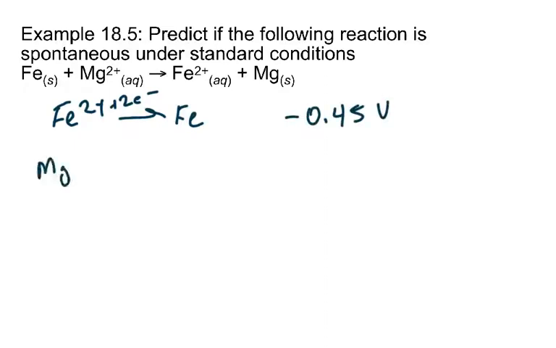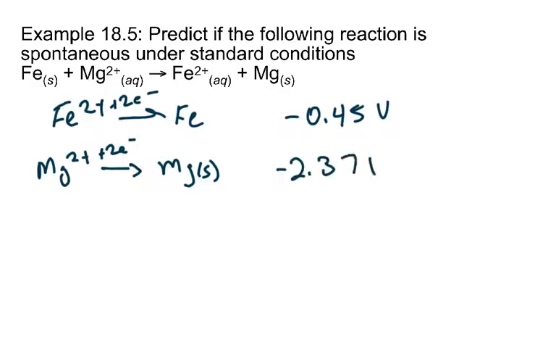My manganese 2 plus 2 electrons going to manganese solid has a reduction potential of negative 2.37 volts, and the one that is as written is this one.